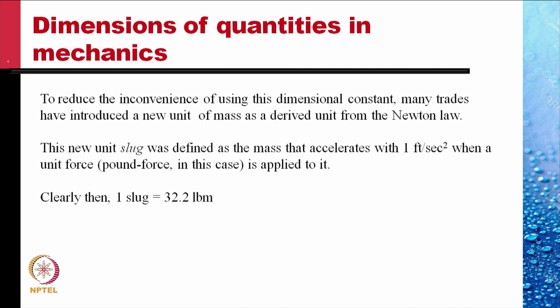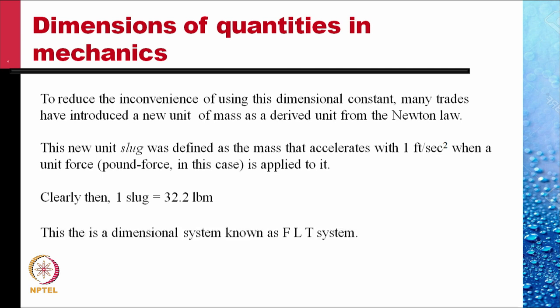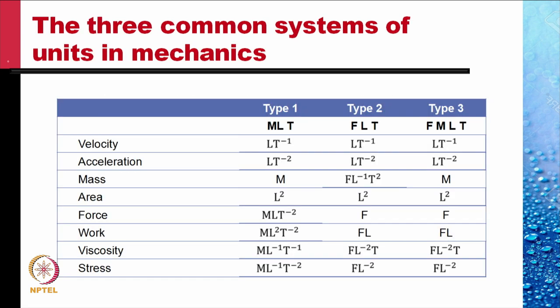I will not elaborate on this any further, but this is a system known as the FLT system. This table shows you the various quantities that we use in mechanics and their units or dimensions in the 3 types of base systems that we defined.